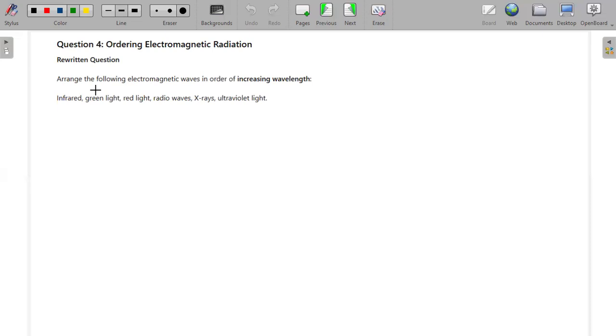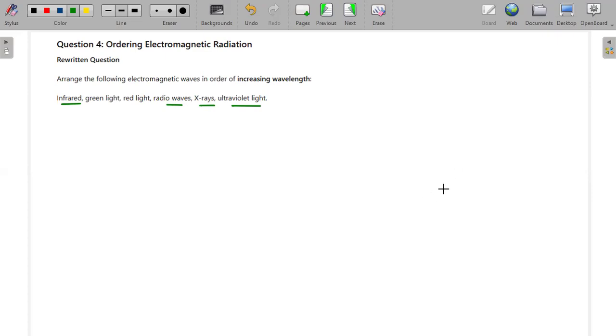You can see there's infrared, radio waves, X-ray, ultraviolet, and visible light, but they have given the specific colors for that light: green and red. So how are we going to handle those?